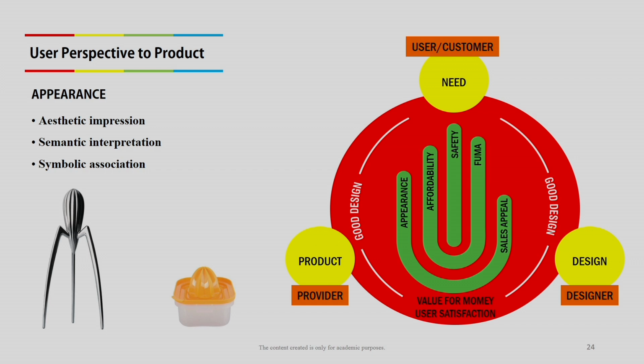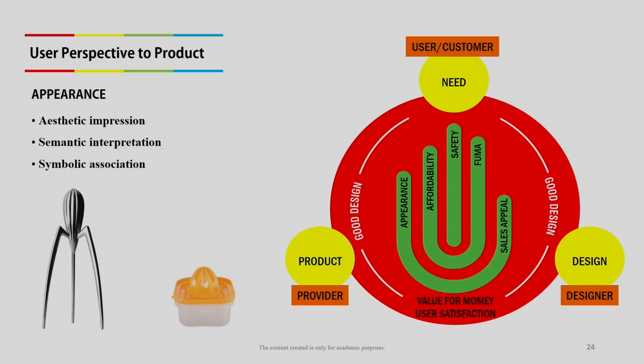Next part is semantic interpretation. This can be defined as what the product intends to describe about its function, performance and qualities. This can also be a response to the operation which the form is trying to underline. Basically, it is affordance.